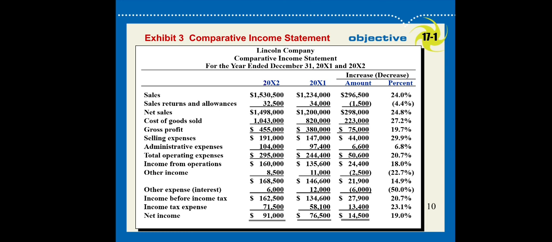So it shows that when sales or revenue increased by 24%, the cost of the business increased more. The increment in cost is 27.2%. The increment in selling expense is more than that, 29.9%. So even though the revenue has increased, this business is not good, because the cost increased more than the increment in revenue, and also the selling expenses increased more than the revenue. So that is the thing that you have to see.